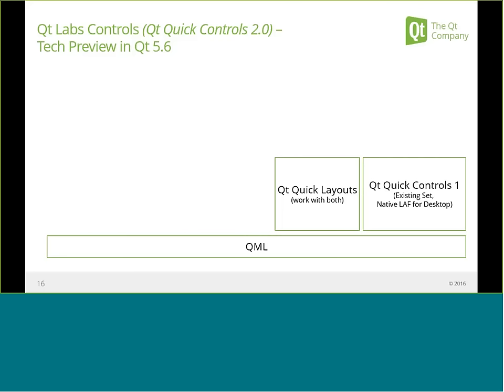We introduced a library called Qt Quick Controls that's built on top of QML, and that contains buttons and sliders, views, dialogs, and it also gives native look and feel on desktop, but also on Android. This was designed mainly for desktop applications, so that you could make native looking and feeling desktop applications with QML, so that it would be easy to integrate them into other fancy QML-based stuff like OpenGL shaders and so forth.